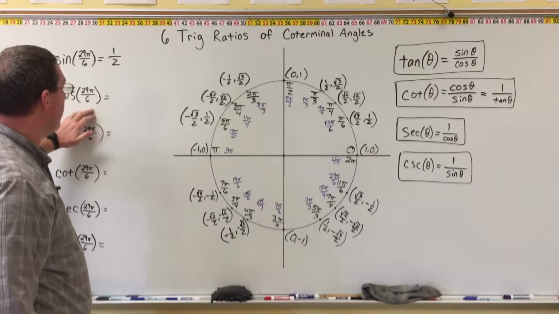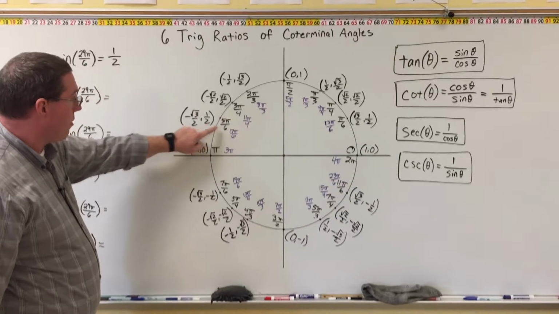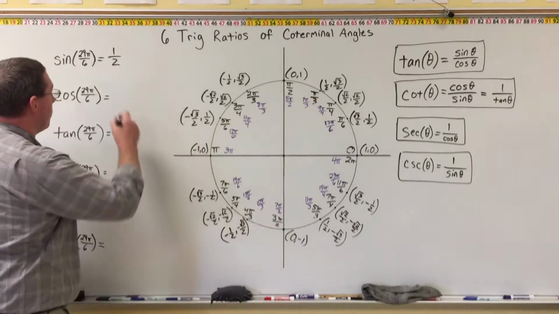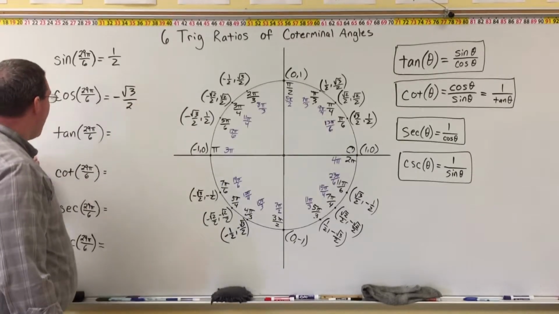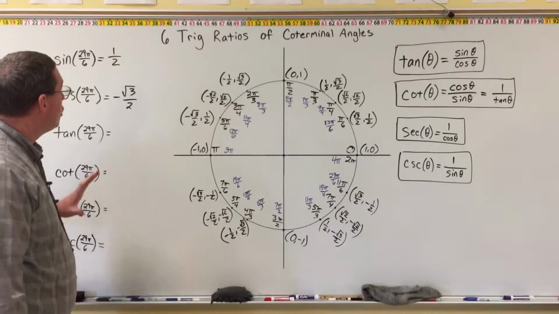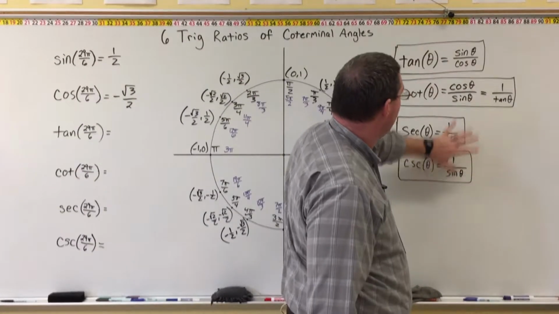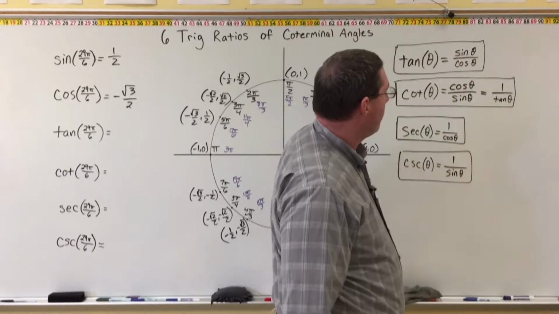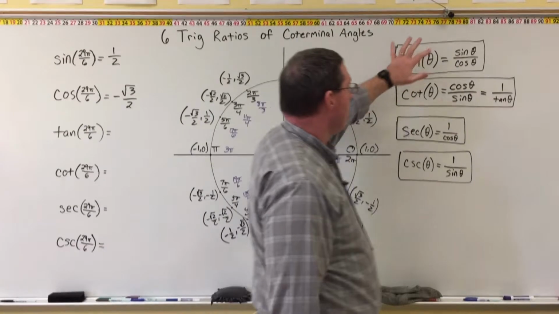Cosine of 29 pi over 6 is the x-coordinate of 5 pi over 6, which is negative square root of 3 over 2. And now we can answer tangent, cotangent, secant, and cosecant just by knowing sine and cosine and using what are called identities.